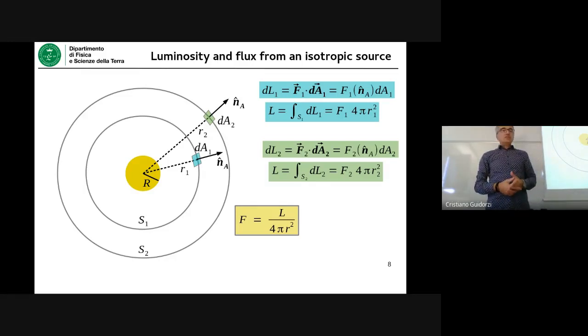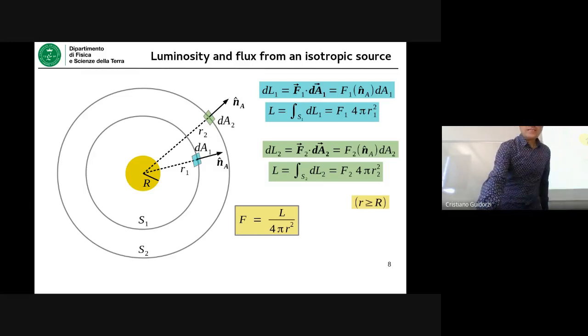So while the luminosity is the same, the flux decreases proportionally to 1 over r squared, okay? This holds as long as you are outside the radius of the source, which I here call capital R.